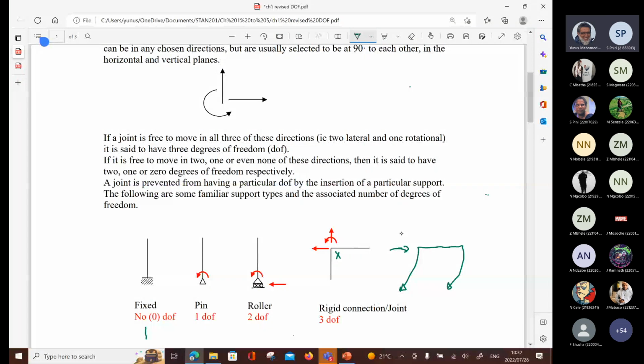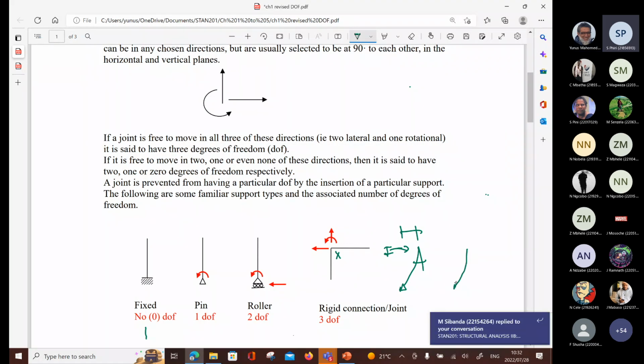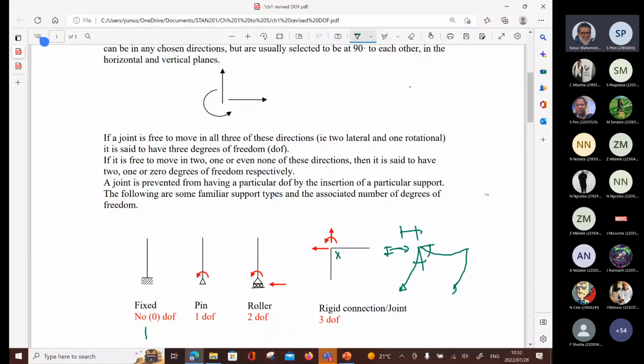There may be a small degree of vertical movement, and of course this column has rotated, and so has that beam, because it won't be straight. It'll do something like that. So there's also rotation of the beam. So this is what we're saying, 3 degrees of freedom.